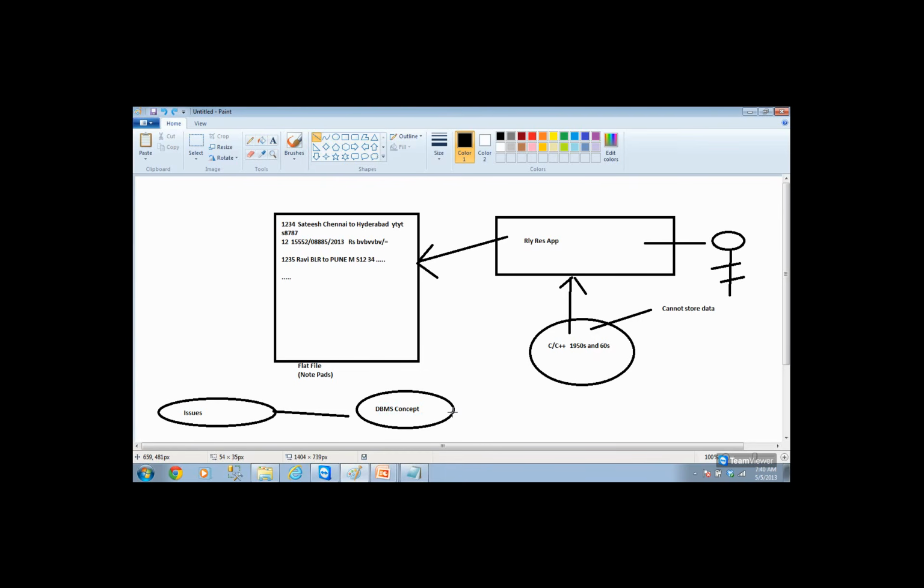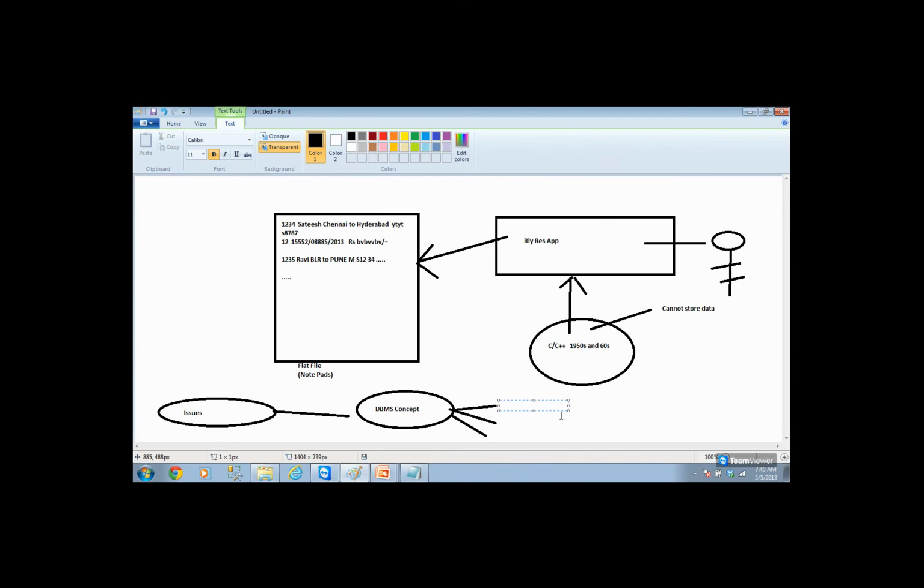There are 3 types, so let me give you one by one. The first one we had is HDBMS, which is known as the hierarchical DBMS concept, which is not very famous and people have thrown this out.